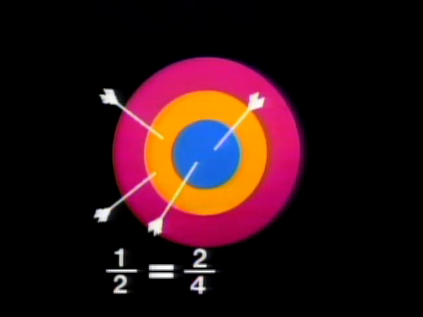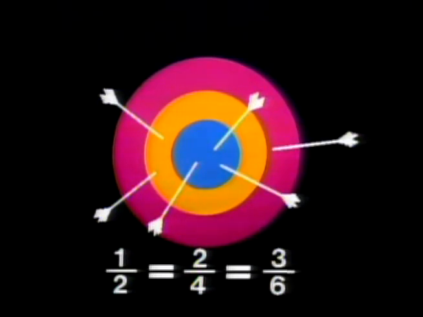Suppose we have 6 tries. How many bullseyes do we need to keep the same ratio? You're right, 3. 3 out of 6 is like 2 out of 4 or 1 out of 2.